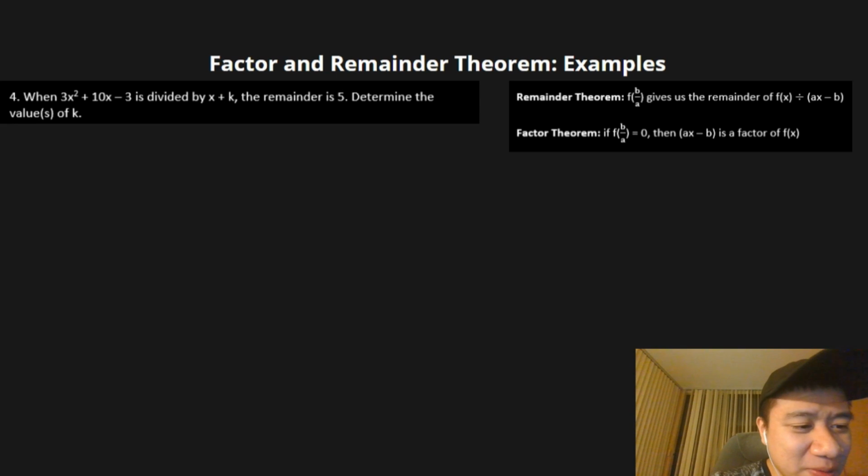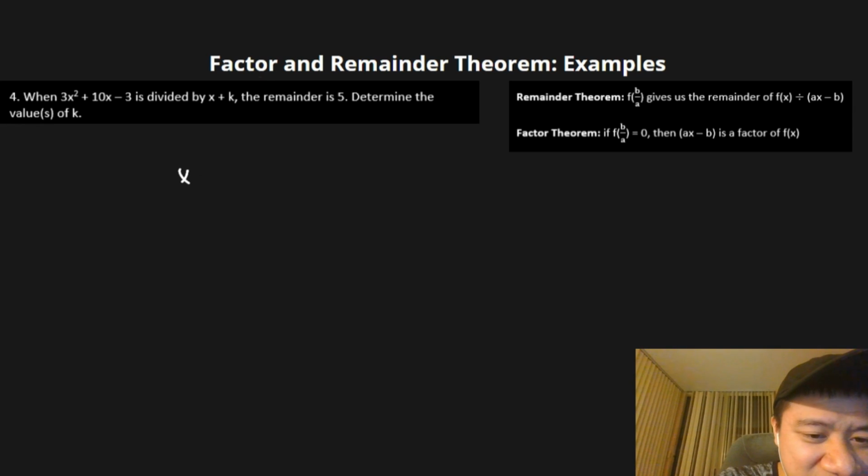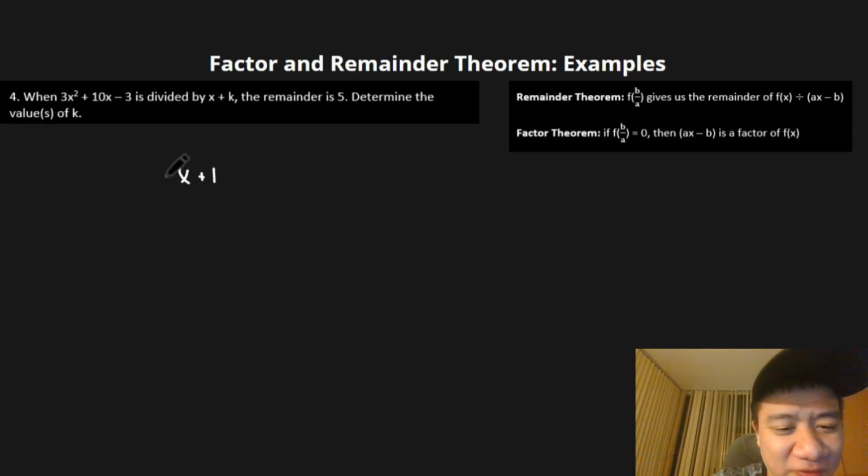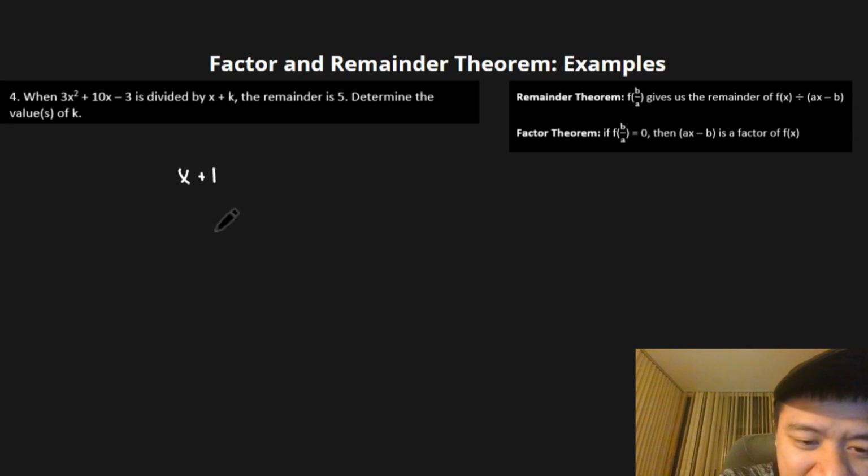If we do some trial and error, let's pretend k is numbers like 1, 2 and 3. If k was 1, then the corresponding number to our factor x plus 1 would be negative 1. If we change it to 2, it'll be negative 2.